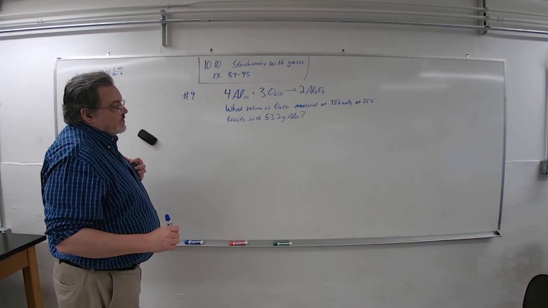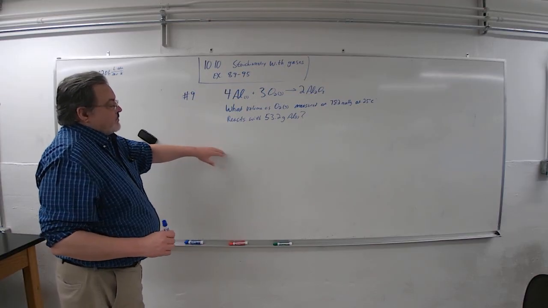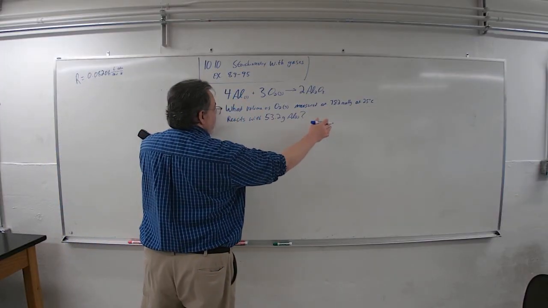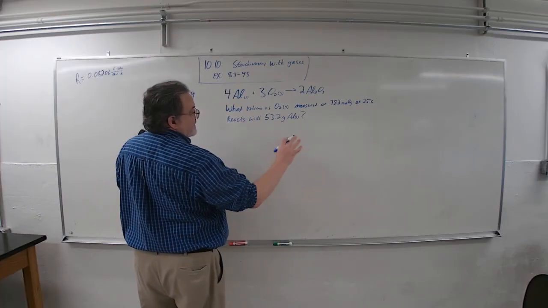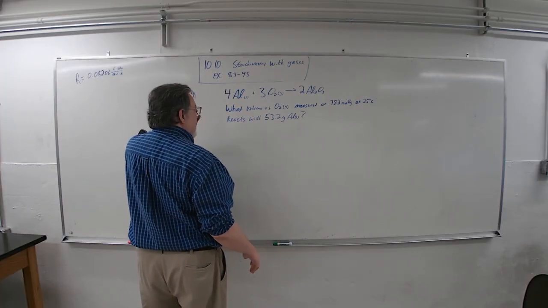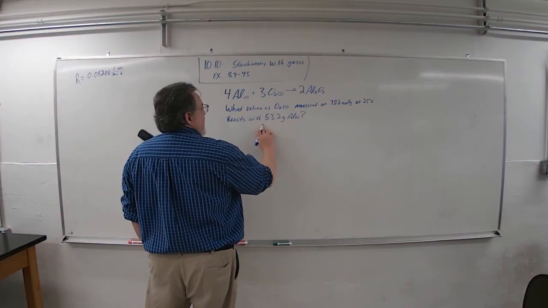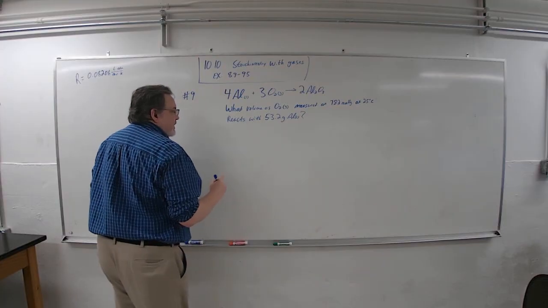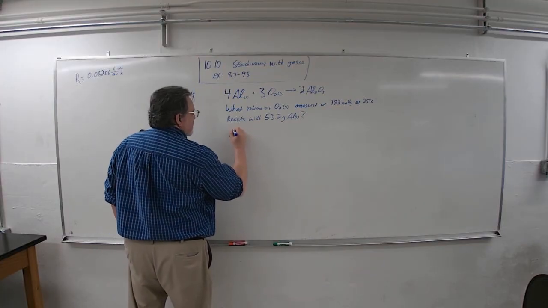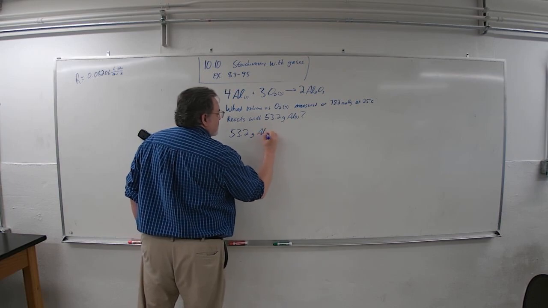Before, we found the moles using PV equals nRT, and then used stoichiometry to find grams. Here we're given grams. We'll use grams to find moles, and then use PV equals nRT. So we'll find how many moles of O2 react with 53.2 grams of Al.